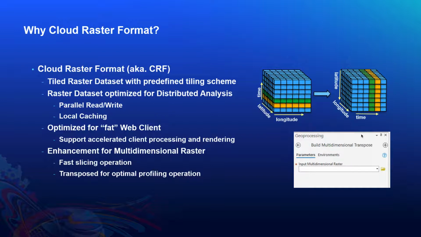If you store multidimensional rasters in this cloud raster format, the client knows how to utilize the data structure to perform fast slicing operations. And you can even store the transposed dataset in the same CRF for optimized profiling operations.